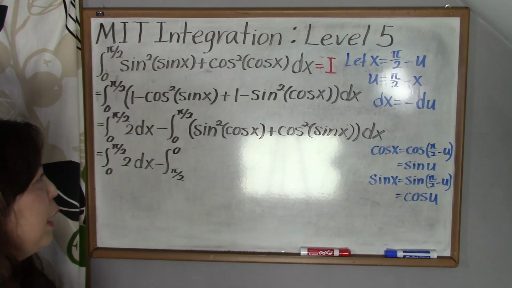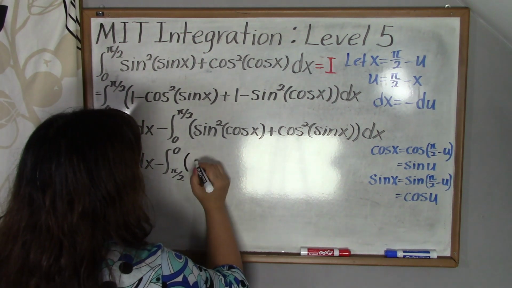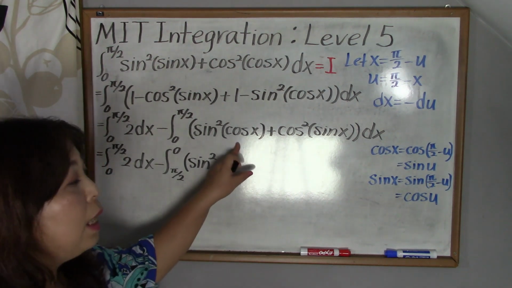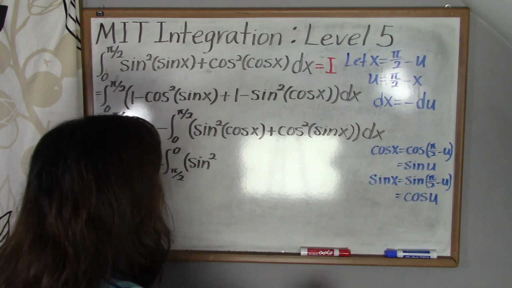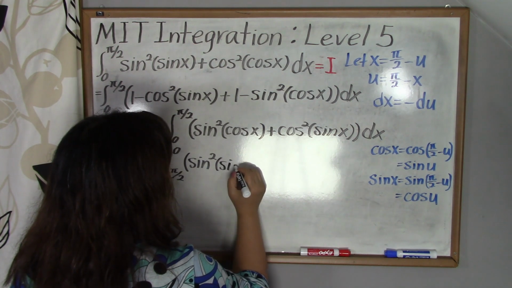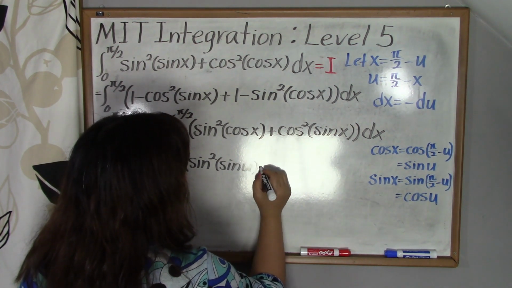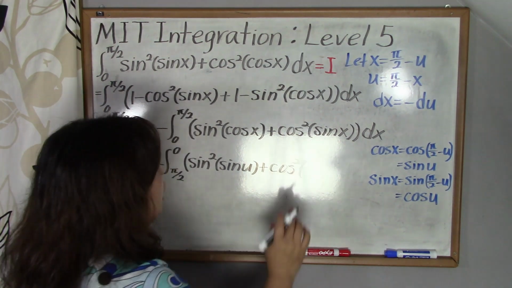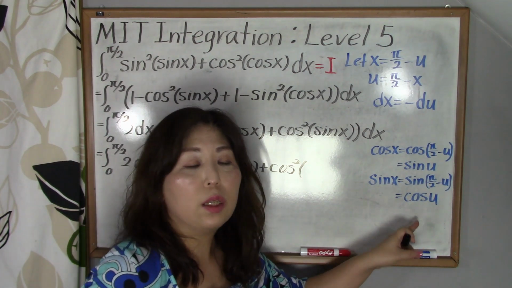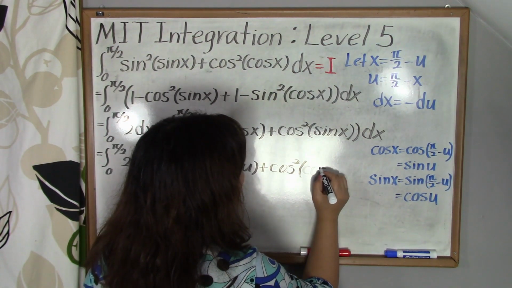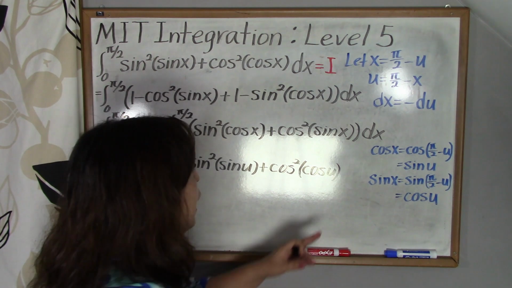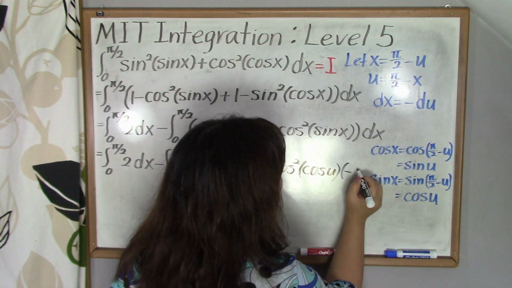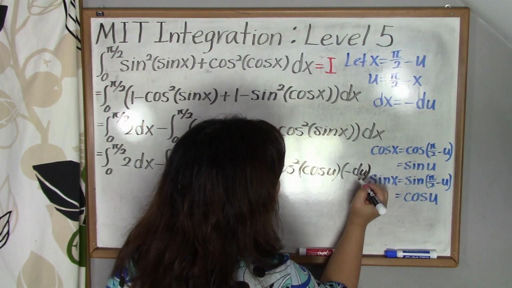And then parentheses, sine squared of cosine x. Cosine of x is sine of u, so sine of u plus cosine squared of, since sine of x is cosine of u, cosine of u. And then dx is negative du. So I'm going to put the negative du here.